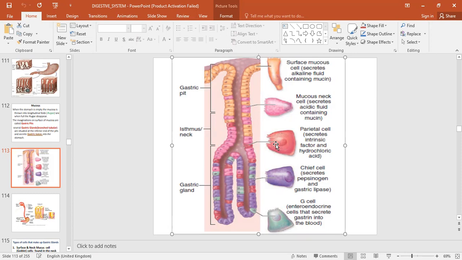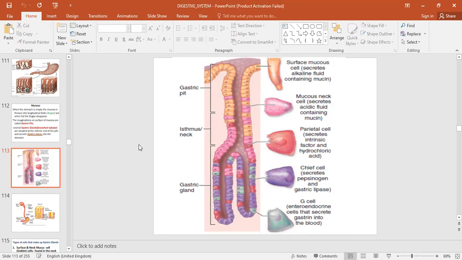So there will be more hydrochloric acid produced, more intrinsic factor, more pepsinogen, and more gastric lipase. So we call them enteroendocrine cells. Entero meaning digestive system, endocrine because of this hormone they produce, a local hormone known as gastrin.